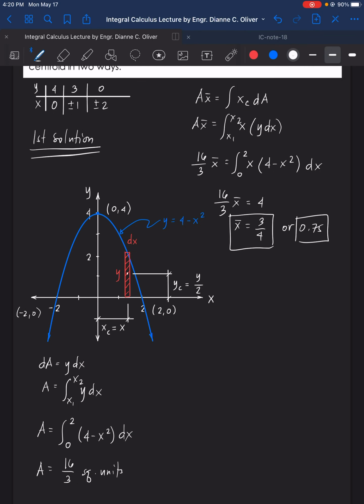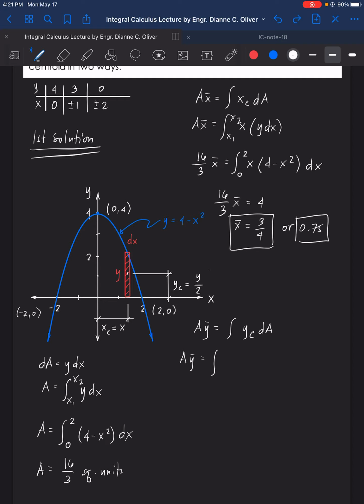Next, we have y bar. Using again the general formula, y bar is equal to integral of yc dA. So we have here yc, the distance of the center of the area strip from the point of origin along the y-axis.